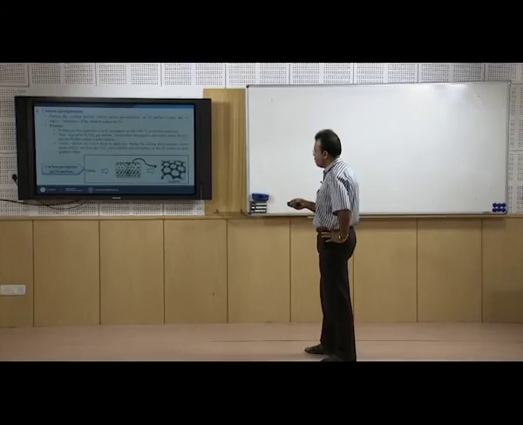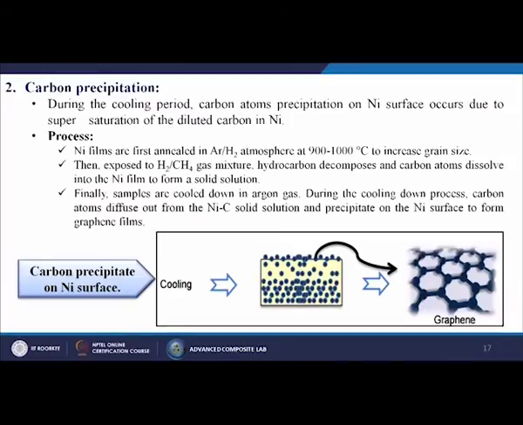So, here the carbon precipitates on the nickel surface while cooling. Whatever carbon atoms went inside the nickel come out and deposit onto the surface of the nickel substrate, forming the graphene structure over there.